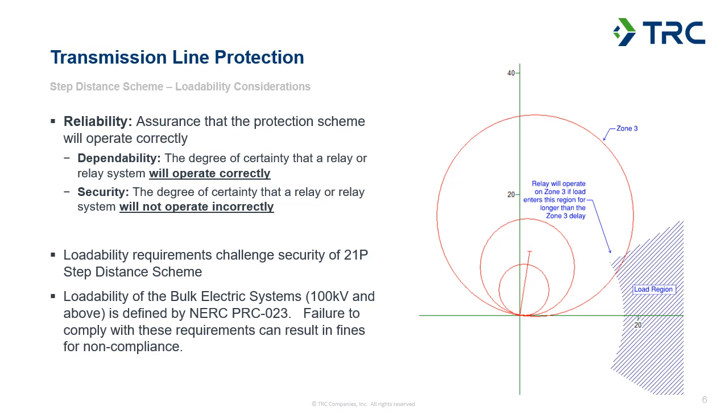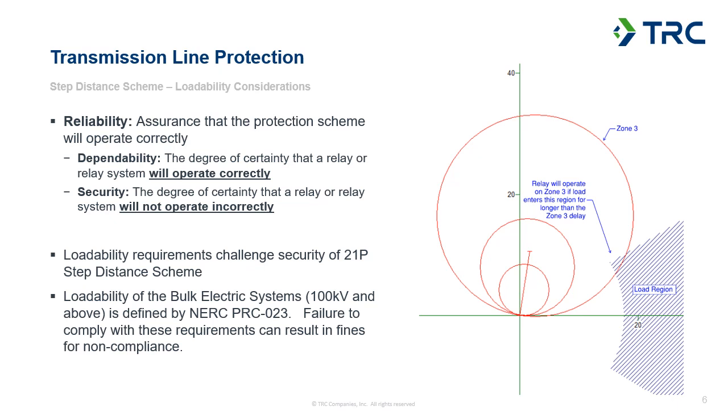So looking at the figure over here, you can see that one of the corners of that load region is going inside the zone 3. That means if the load is operating near that limit and at an angle near the upper angular limit of the load region, the relay is going to see that, and the impedance the relay measures is going to be inside of the Mho characteristic.